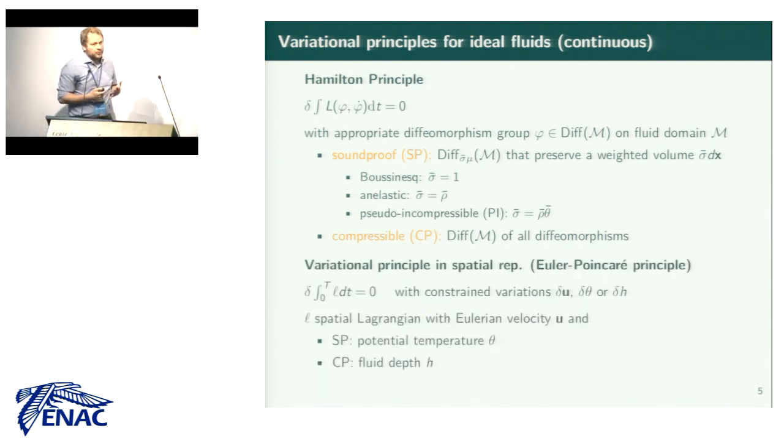Now, to describe a fluid, we want to reduce the problem, so we do a reduction step. Here we have a Lagrangian picture, so we have a material representation. Here we want to go to a spatial representation, because this reduces the problem tremendously.